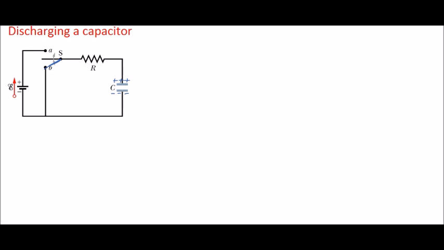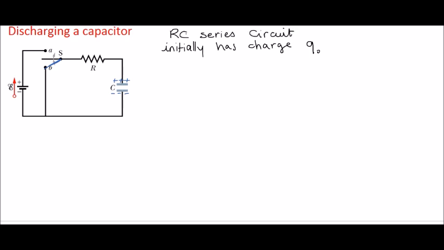The capacitor initially has a charge Q naught. And we connect it just to a resistor in series. So we have an RC series circuit. When I wait a longer time, the charge will be 0. It will discharge the capacitor.